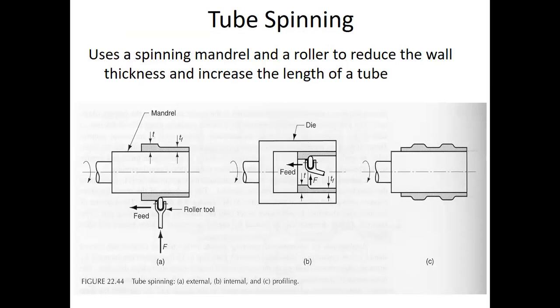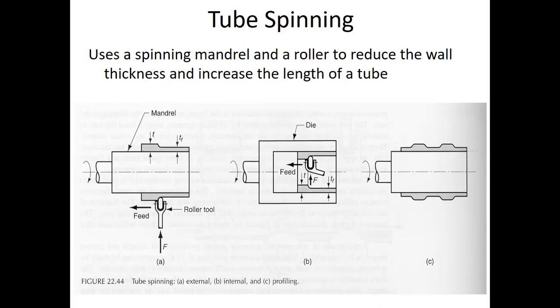We can use a roller that is inside the spinning mandrel, as we have, and a roller to reduce the wall thickness and increase the length of the tube, right? You can see the movement of this tool is what is called feed, right?